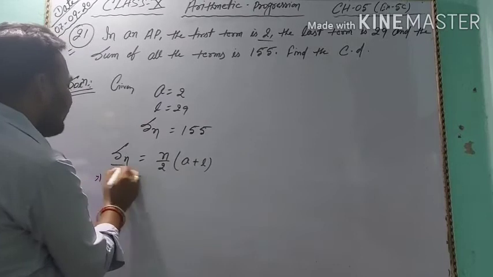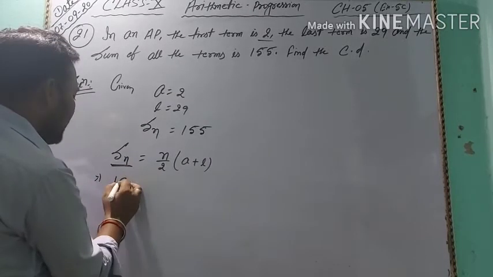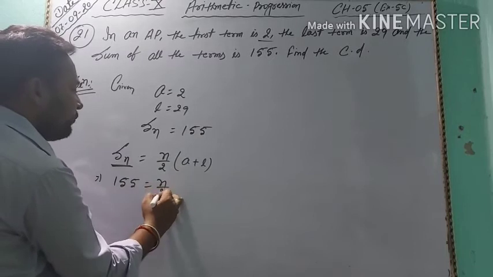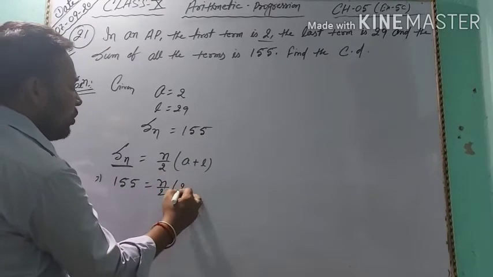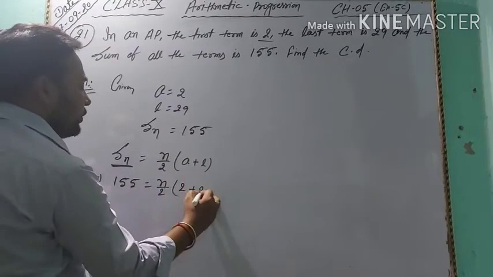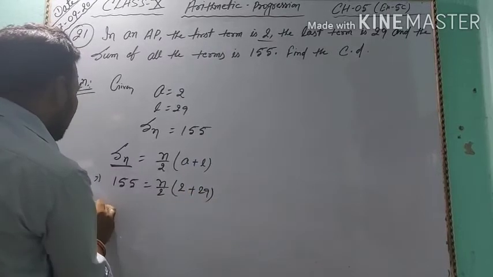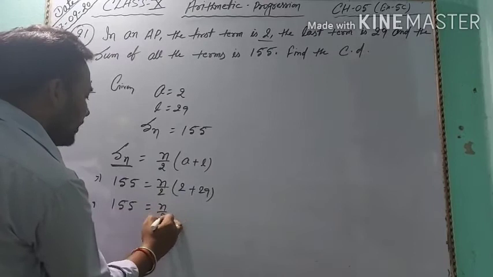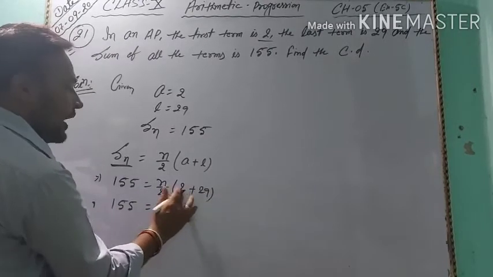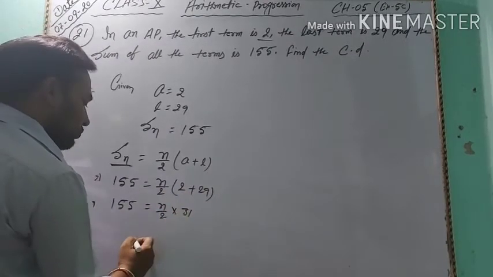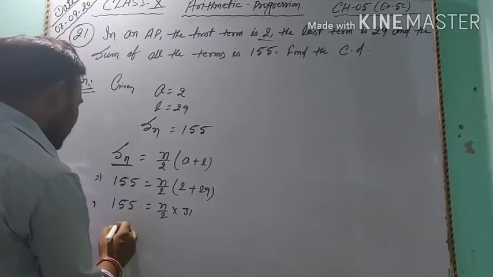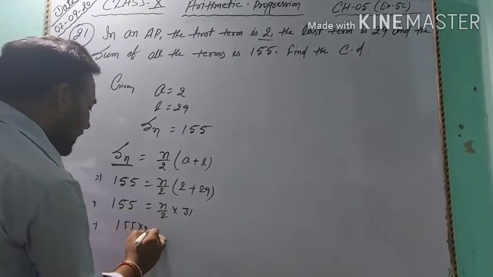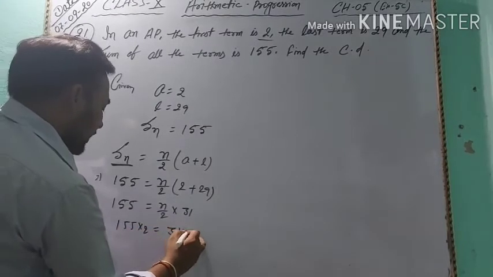Sn equal to 155, and n by 2, a equal to 2 plus l equal to 29. So 155 equal to n by 2 multiplied by (29 plus 2), that is 31. 155 multiplied by 2 equal to 31n.